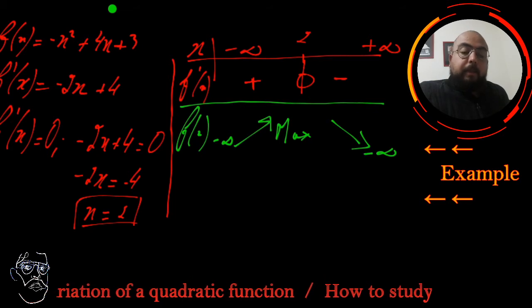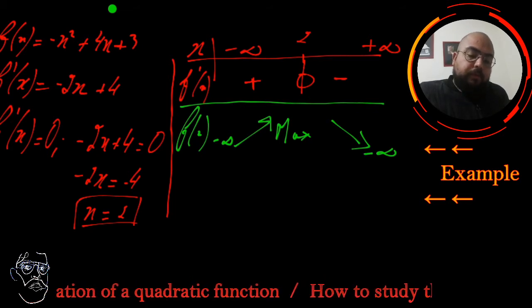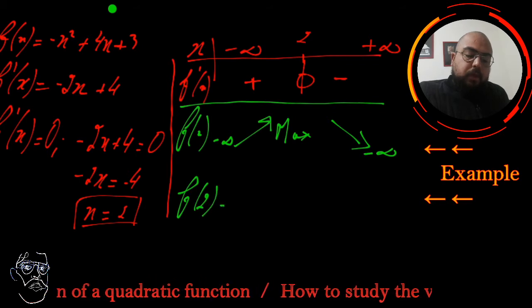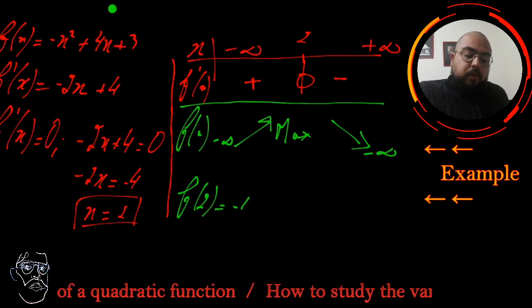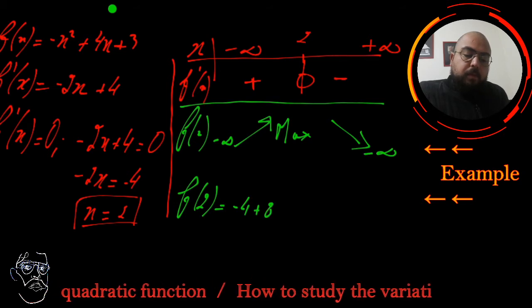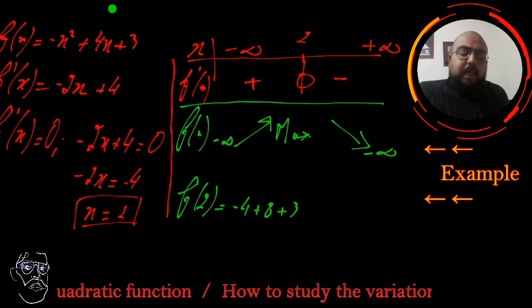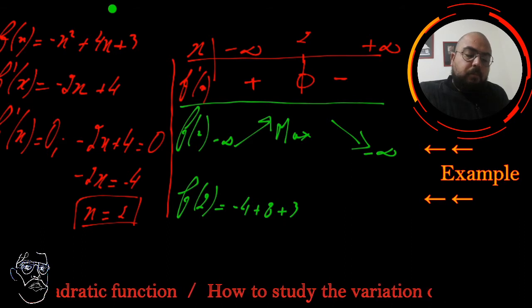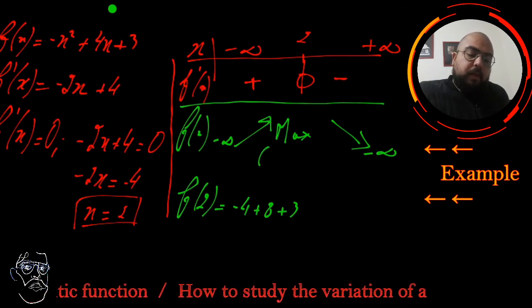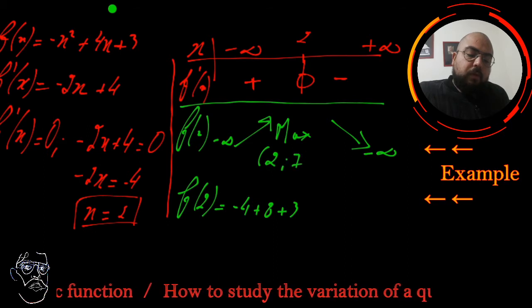It's very simple. You will have to calculate f of 2. F of 2 is equal to minus 4 plus 8 plus 3. So it's 11 minus 4, it will be 7. So your maximum is (2, 7).